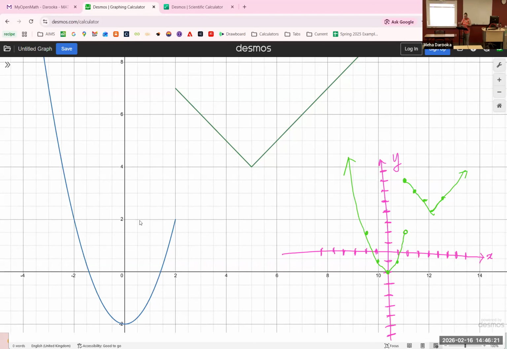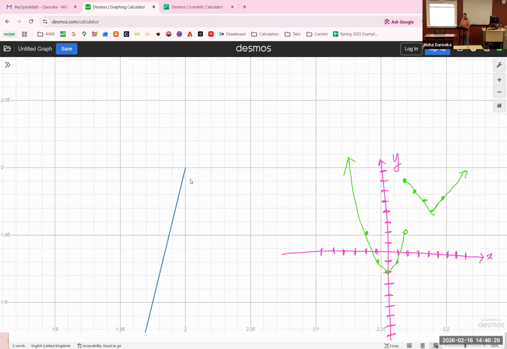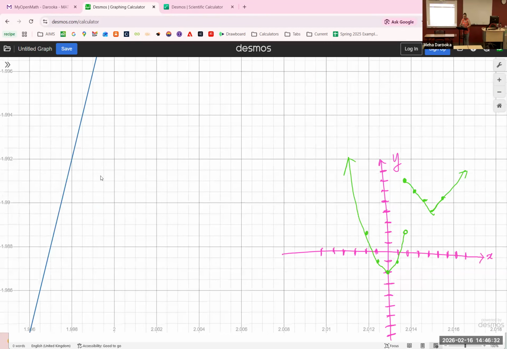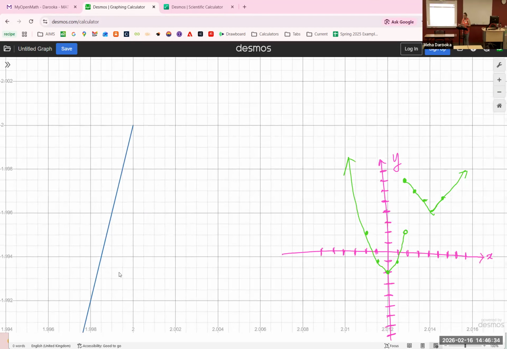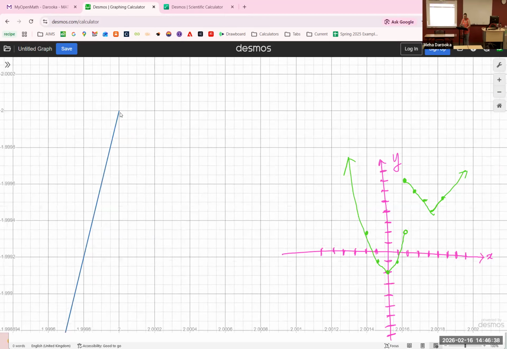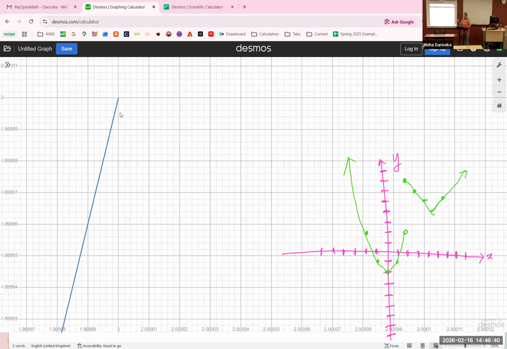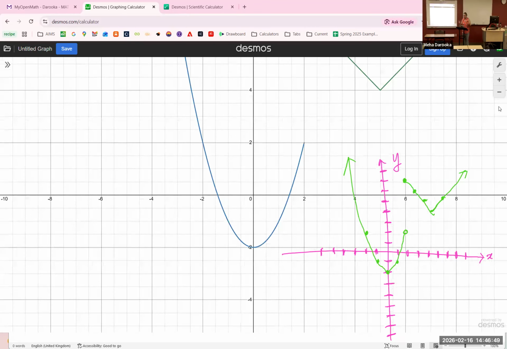So you can see you're going to be including it at the absolute value function, but not including it on the parabola. Unfortunately, on graphing calculators, you are not going to see those open circles. So what you will see is just shy of where that point should be. It's not going to go all the way to that corner, but it's really going to be hard to identify that, especially if you're looking at those smaller screens, you can't really tell the difference between open circle and closed circle.